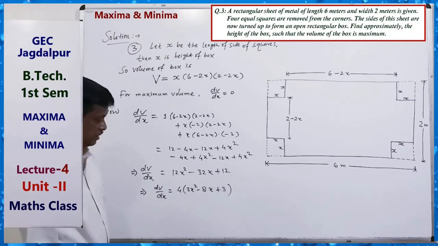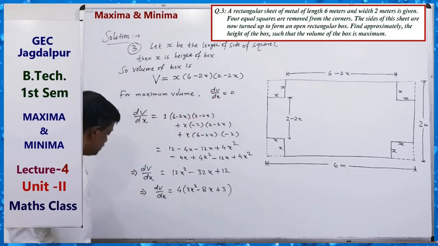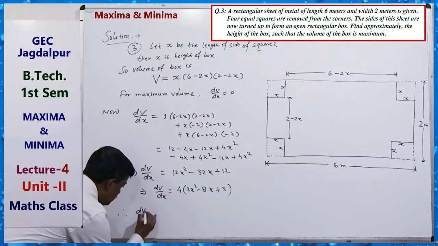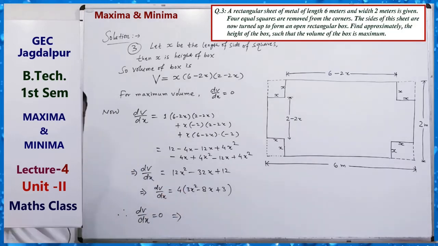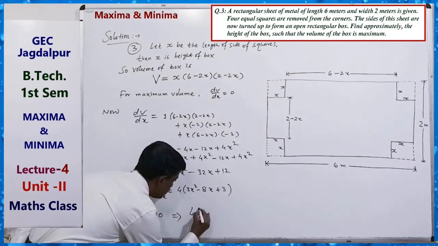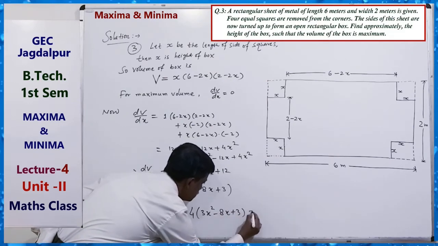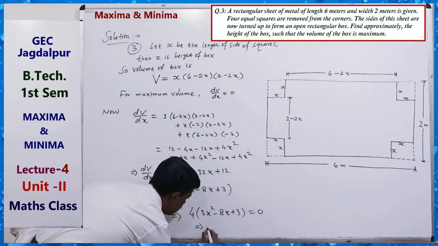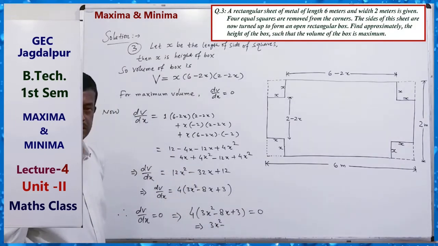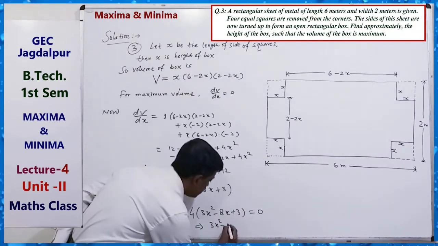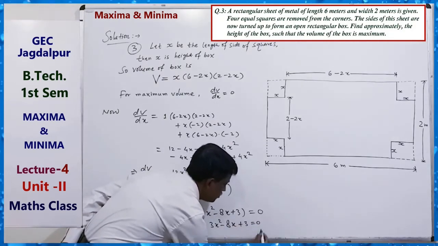Clear? Now for maximum volume, this should be 0. Therefore dV by dx equals 0 implies 4(3x square minus 8x plus 3) equals 0. It can be solved: 3x square minus 8x plus 3 equals 0.